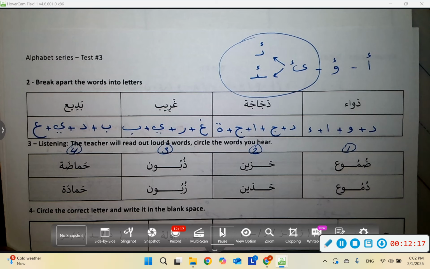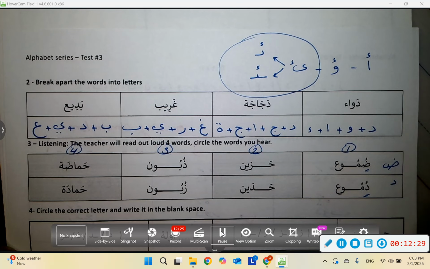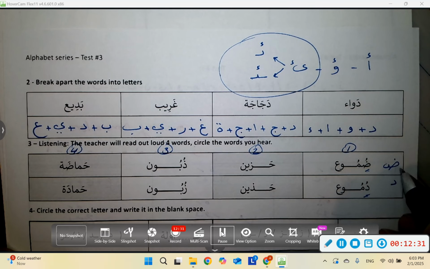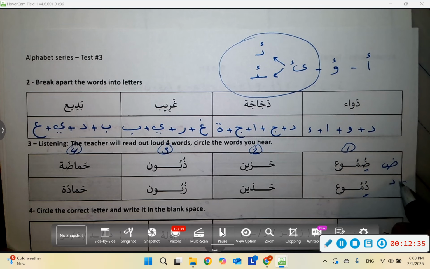The first column, circle the word دموع. Now we have here dal at the beginning, and here at the beginning we have da. Da is a heavy dal. So we hear da and we hear da.